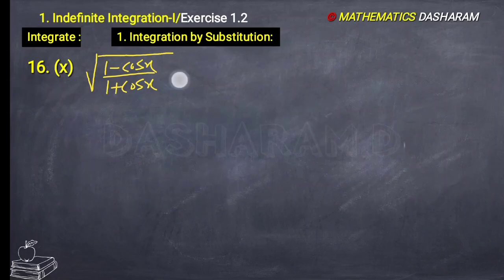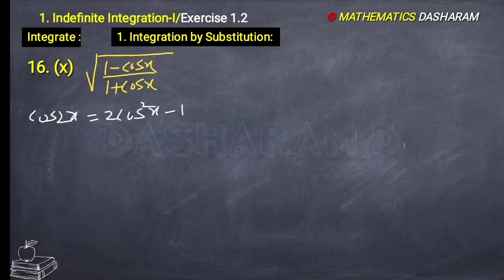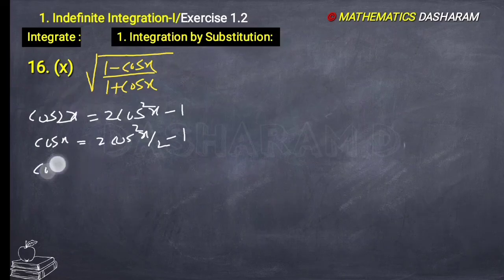10th question, under root 1 minus sin x by 1 plus sin x. So we have one formula, the cos 2x formula, 2 cos square x minus 1. From this, cos x formula, 2 cos square x by 2 minus 1. So cos x, minus 1 transpose to the left side, 2 cos square x by 2.